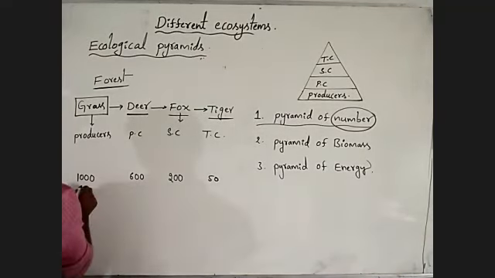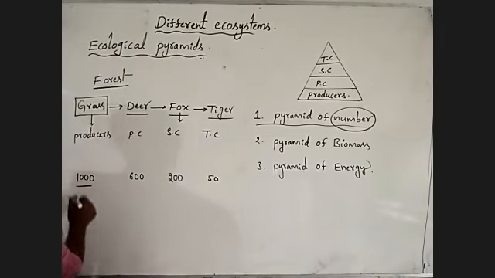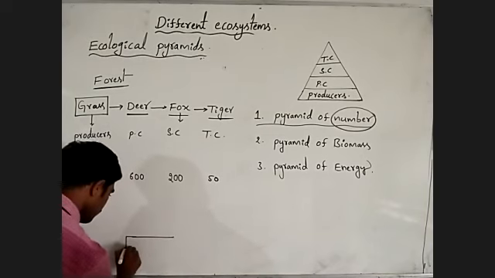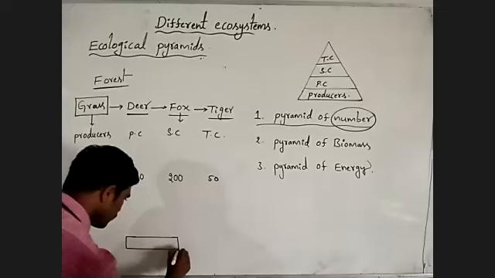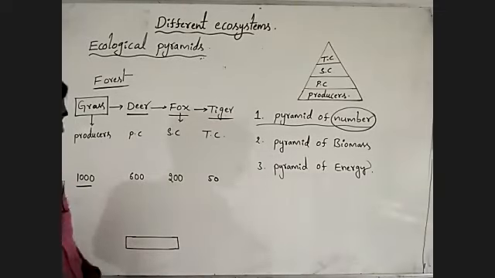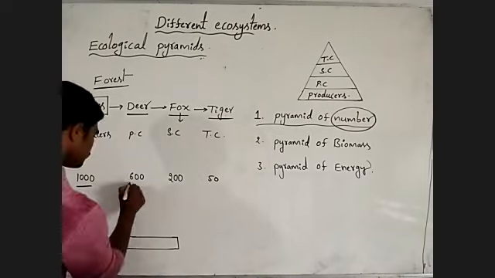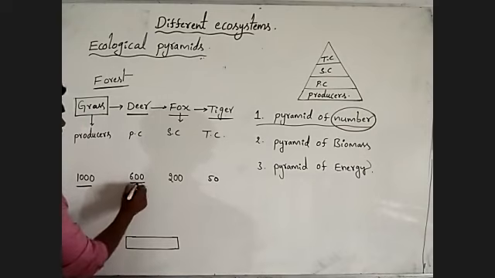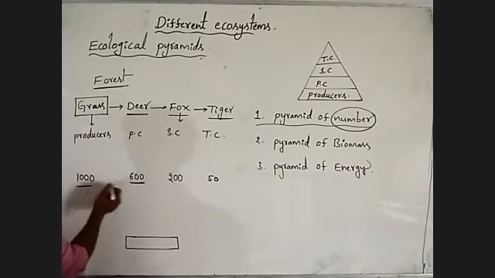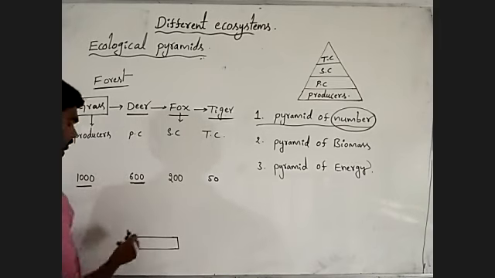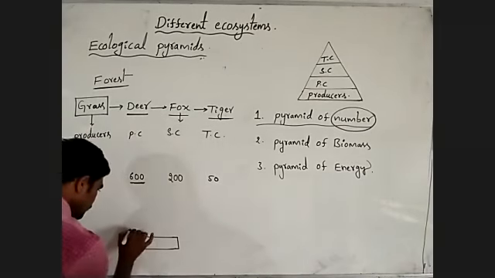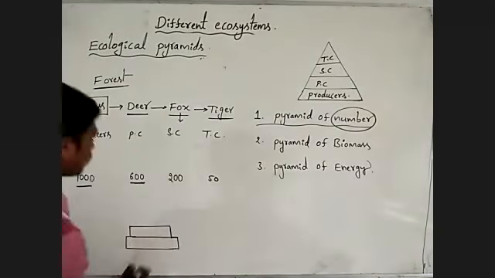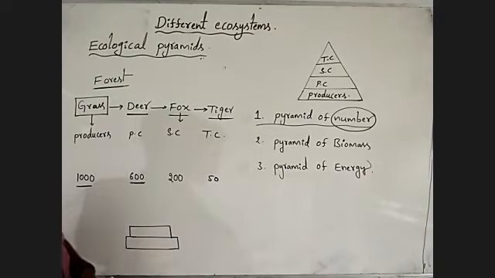Okay. Now construct the ecological pyramid. For example, observe: the number here is 1000. This is a bar for the number of organisms, 1000. Next, 600 is smaller than 1000, so we draw a smaller bar for 600.